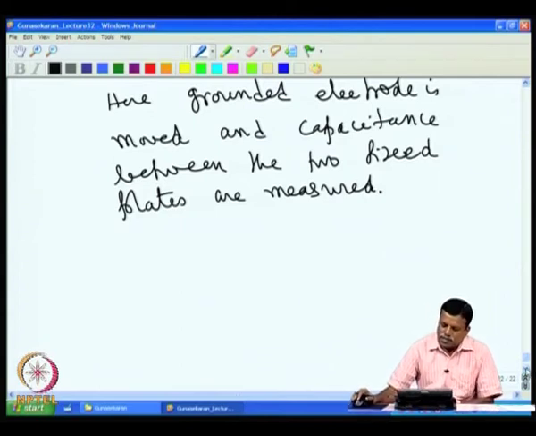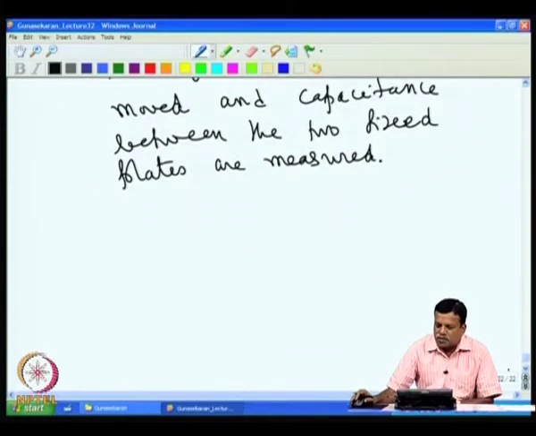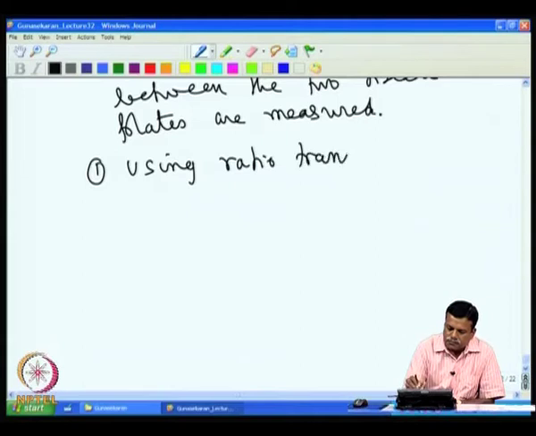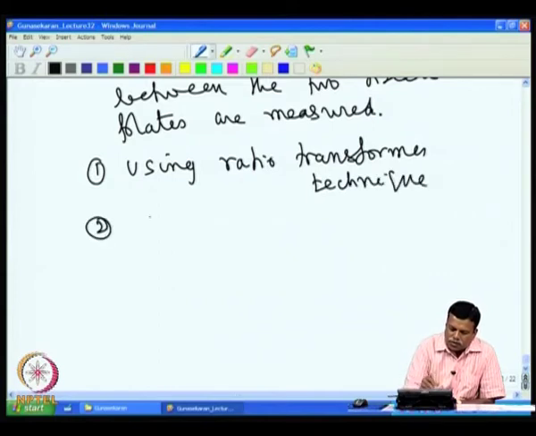Now, let us first see a general capacitance measurement technique using an op amp, because earlier we had discussed capacitance measurement using the ratio transformer technique. Then we also discussed the diode pump circuit.